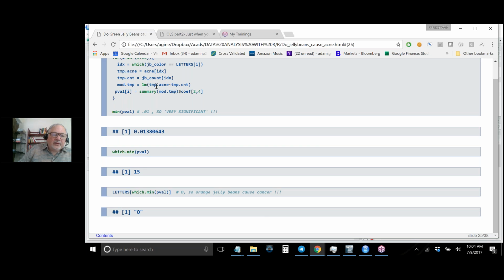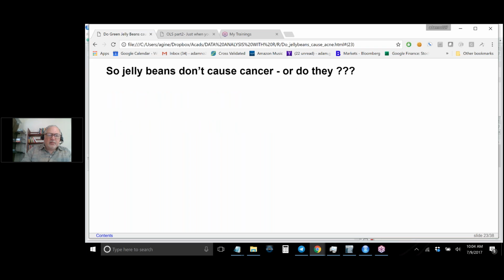Okay, and then the p-value of i. Remember, the summary of the model is an object, and it has various pieces of data, and one of them is coefficients. It turns out that the coefficient matrix is a 2x4 matrix. Now, you can discover this in many ways.